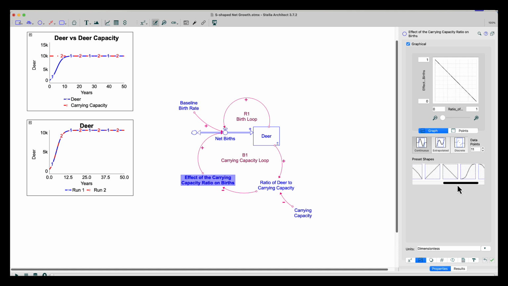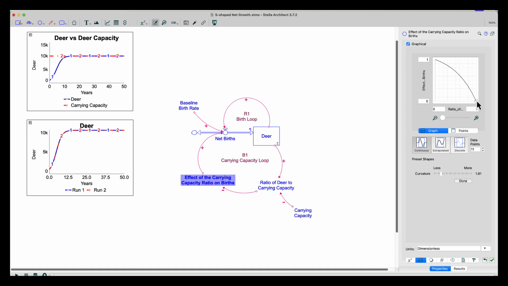And so what I'm going to do is start out by making it slightly curved. And I could go down to this and make it more or less curved. And I'll go with this slightly curved. And what this is saying is initially, when the population starts to grow, there's less effect than there was in the linear. But when we get to 1, that net growth should be 0, or the net births should be 0.